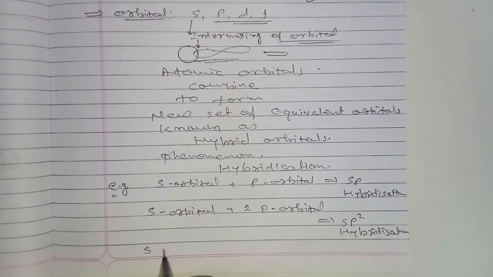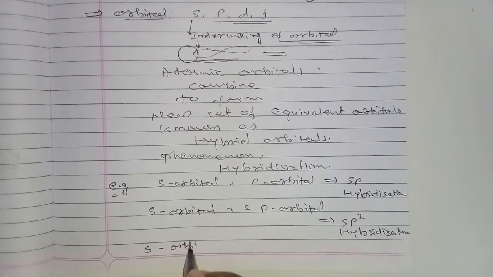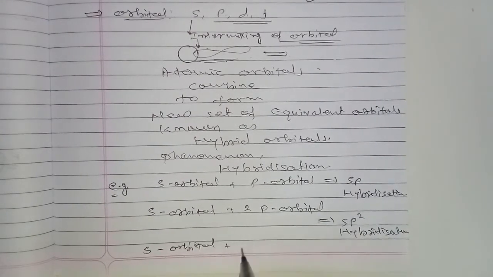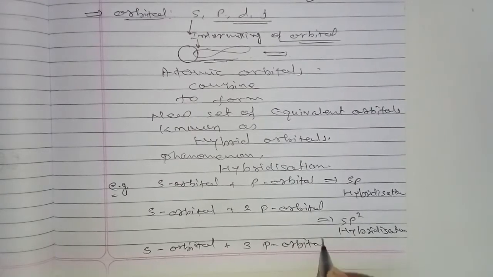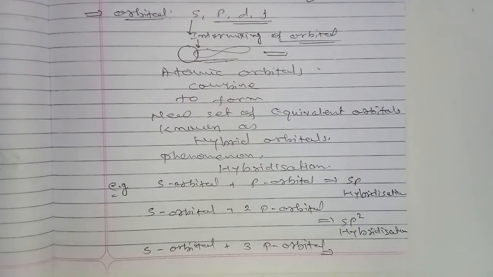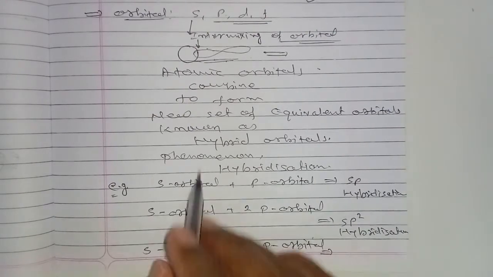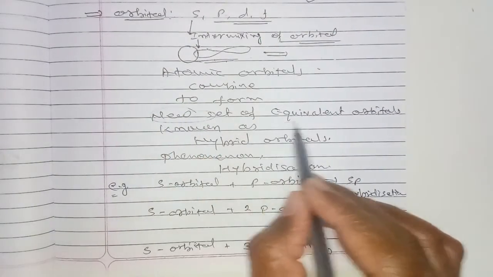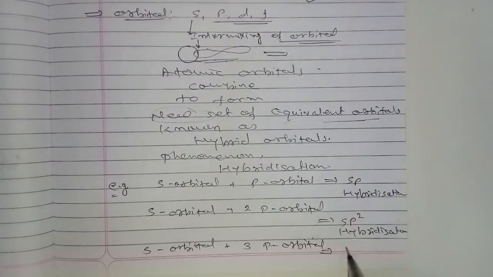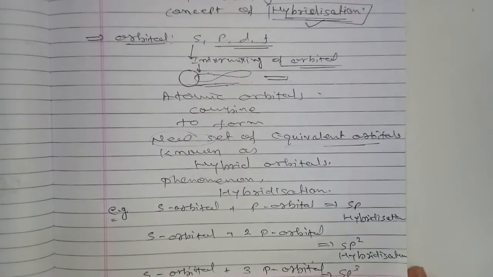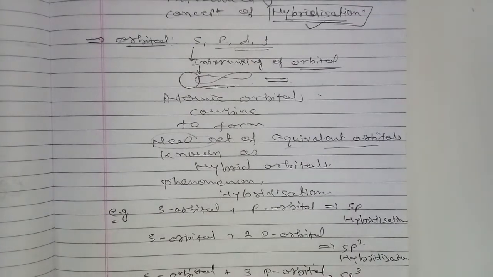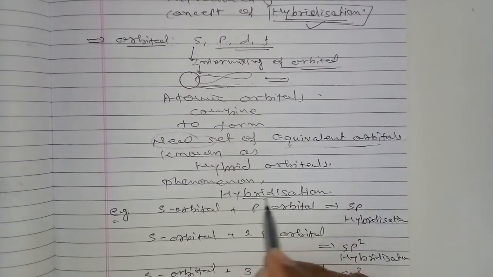Or an s orbital and three p orbitals are intermixing, and the new set of equivalent orbitals is sp3 hybridization. Okay, so this is the simple concept of hybridization.